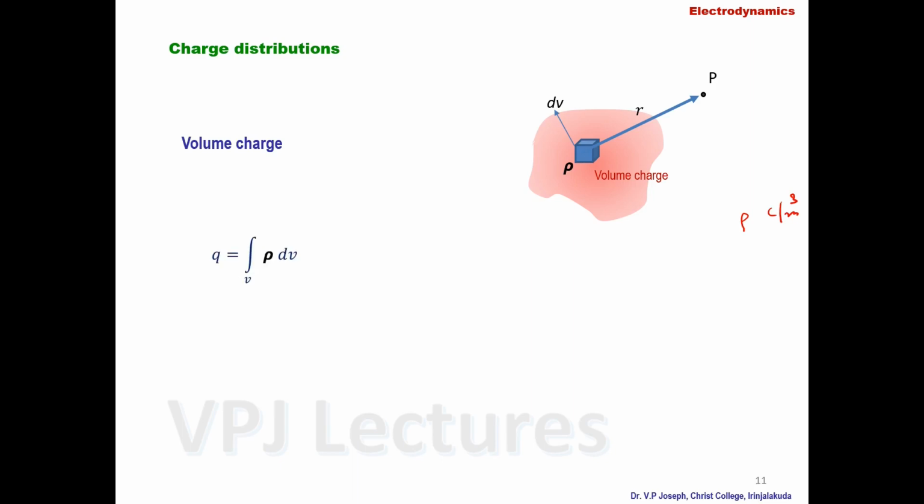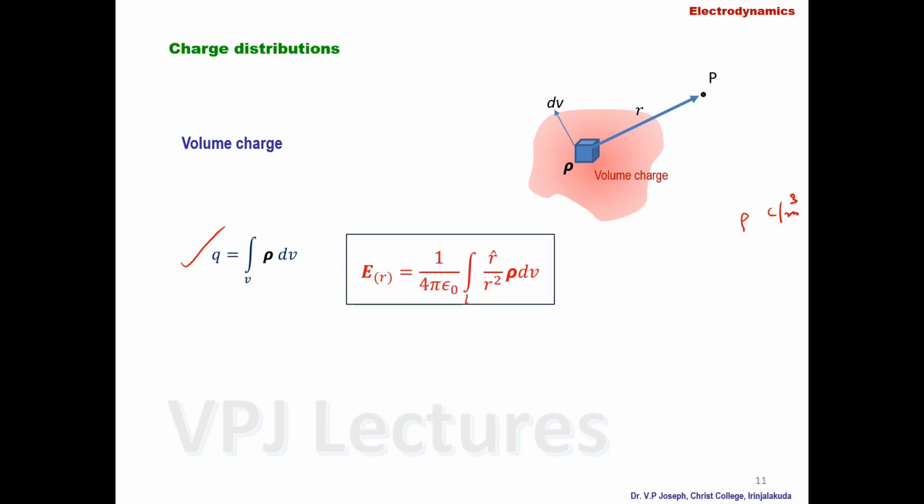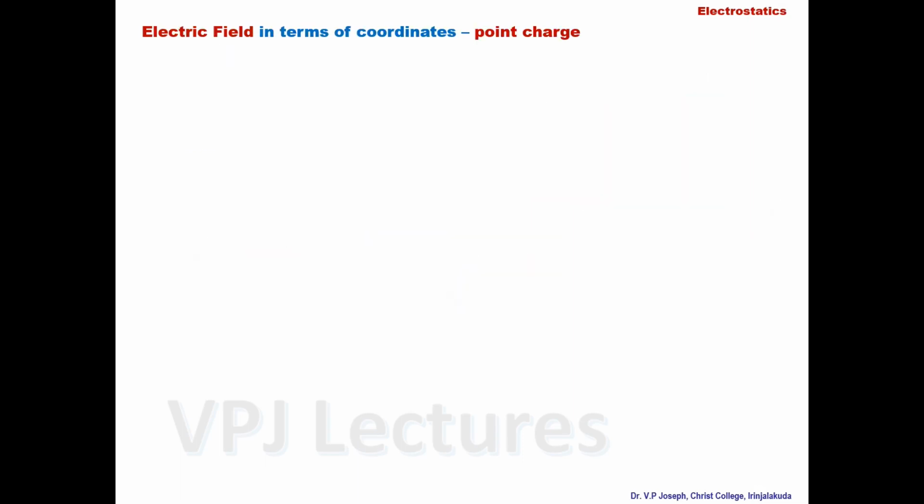So total charge is given by the expression Q is equal to volume integral rho dV. That means the entire charge is accommodated in that equation, and the expression for the electric field now changes to E of r is equal to 1 by 4 pi epsilon 0 volume integral r hat by r square into rho dV. Rho dV is the expression for the total charge, so the electric field expression is modified accordingly.